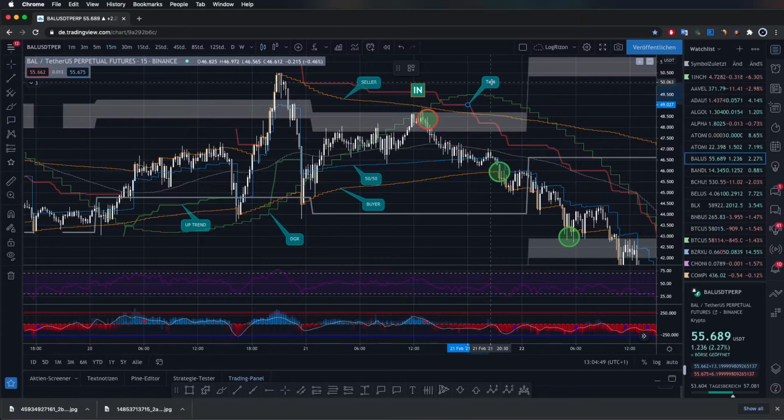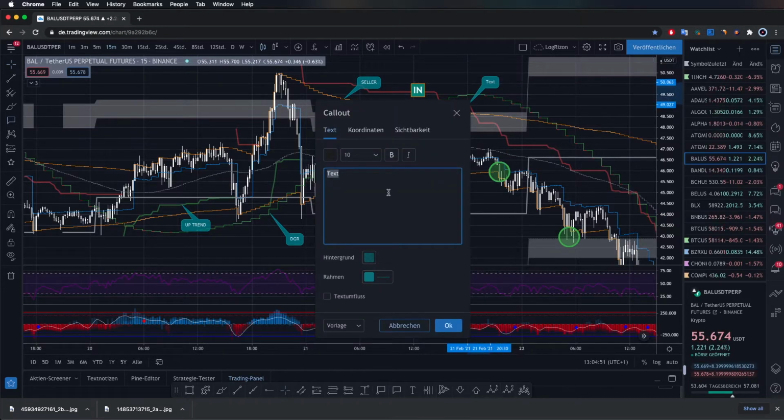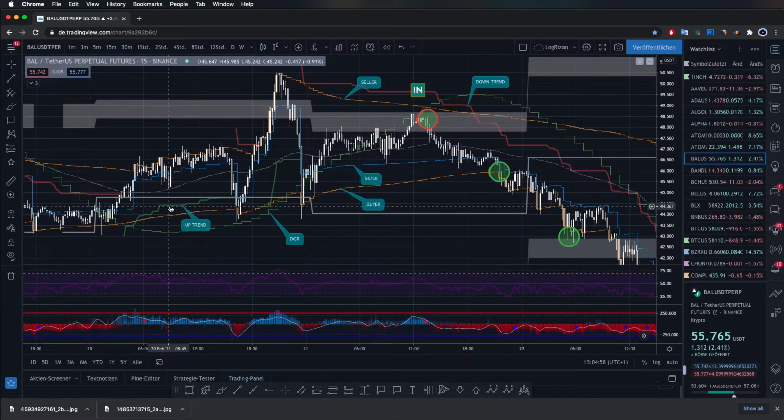And this one, the red one, is the opposite one. It's the downtrend, which is more or less the line when we cross this line, this green line you see here, it's changing into red. And the other way around, when we cross the red line, you see it's changing into green.